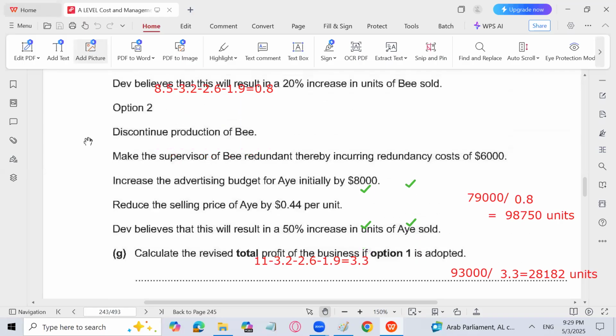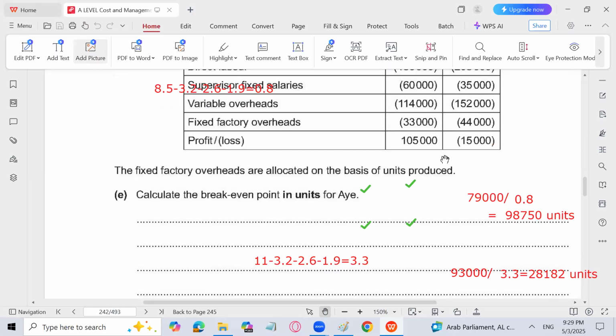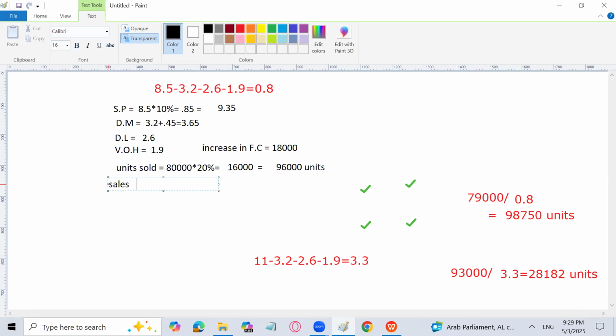It means whatever profit we are getting from A, it will still be included, 1,05,000. But for B, now we are producing B in a different manner in order to avoid the loss of B. So let's calculate the profit of B, and then we will add the profit of A to get our total profit if option 1 is adopted.